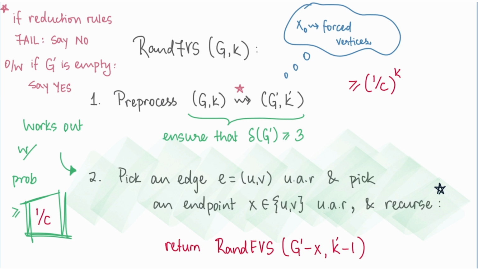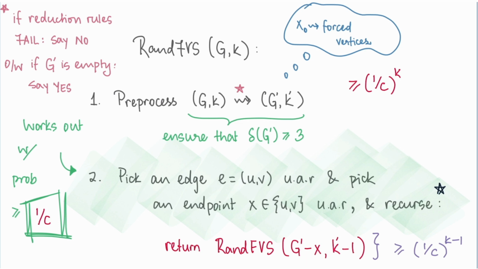So based on the induction hypothesis, you can conclude that this recursive call will do the right thing with probability at least 1 over c to the k minus 1, and the entire algorithm works out if the recursive call works out and if your top level decision was the right one, and the combined probability for that is going to be at least 1 over c to the k, because it's just the product of these two terms.